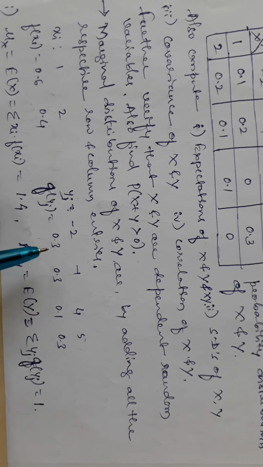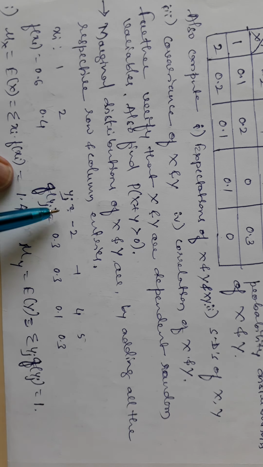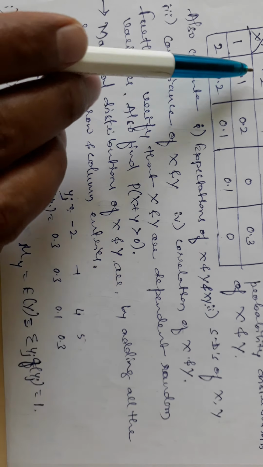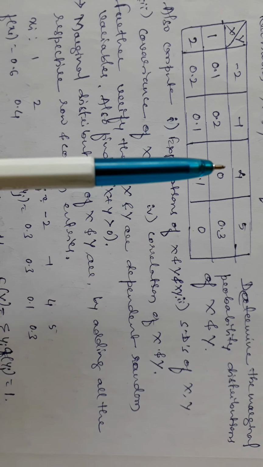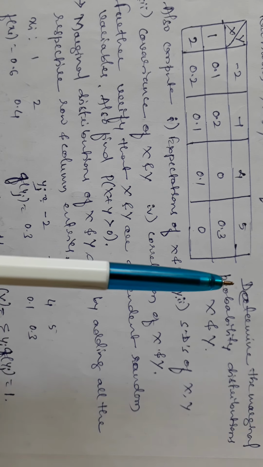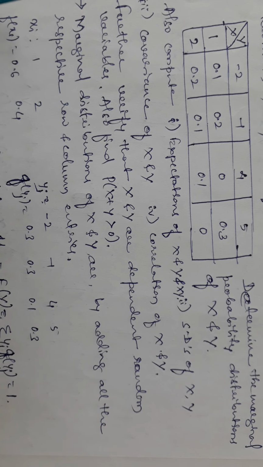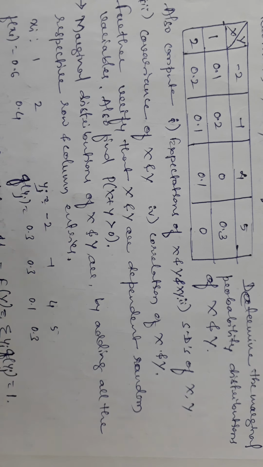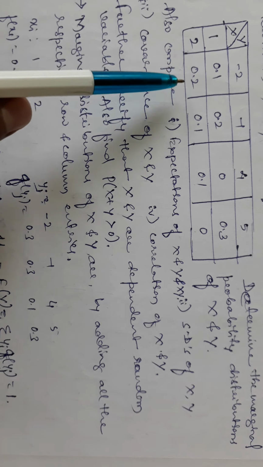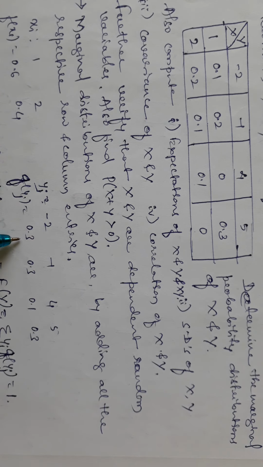Similarly, for the marginal distribution of y, I write the column values yj: -2, -1, 4 and 5. Now we add the column values. Y is -2: the sum of the first column is 0.1 plus 0.2, that is 0.3.